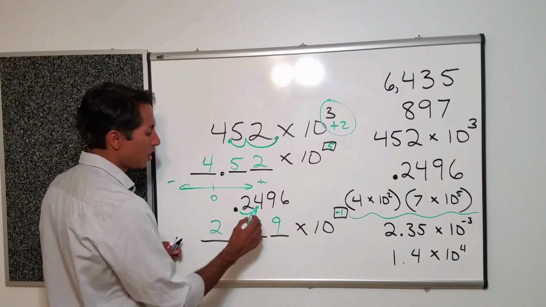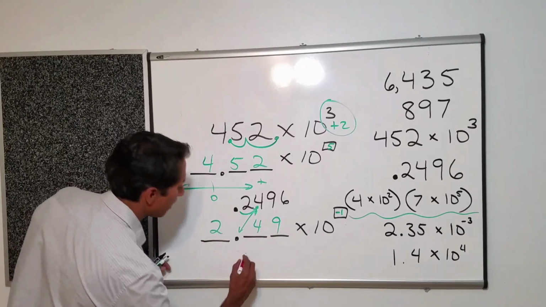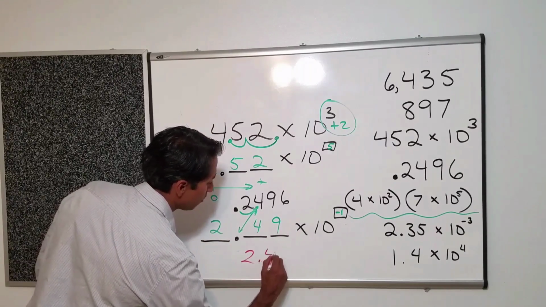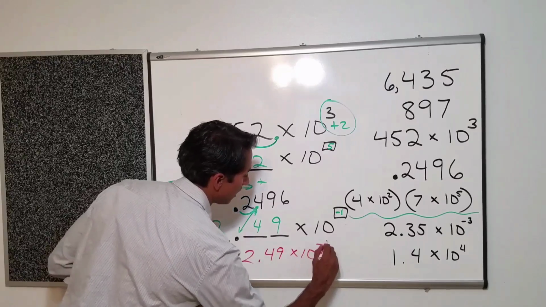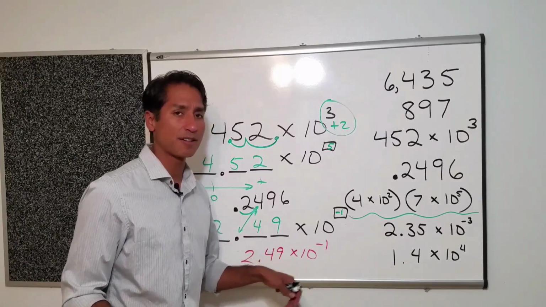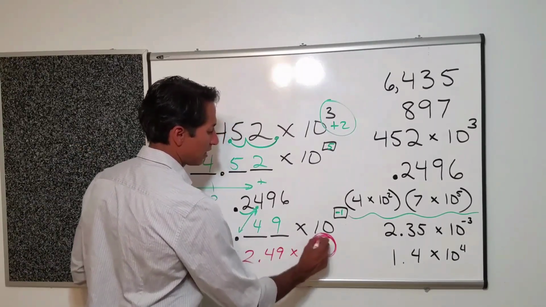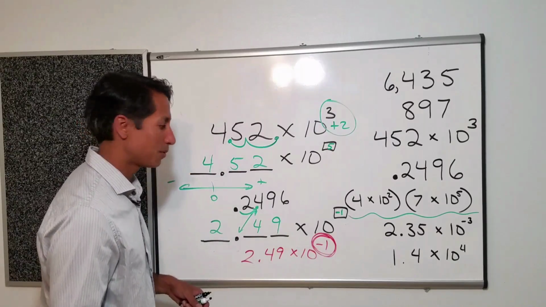So far, so good. But in order for us to write this number out in standard format, let me rewrite it again. Let's say I was given 2.49 times 10 to the -1, and they said, hey, Josh, write this number in standard form, okay? This positive or negative right here is going to tell me which direction to move the decimal.